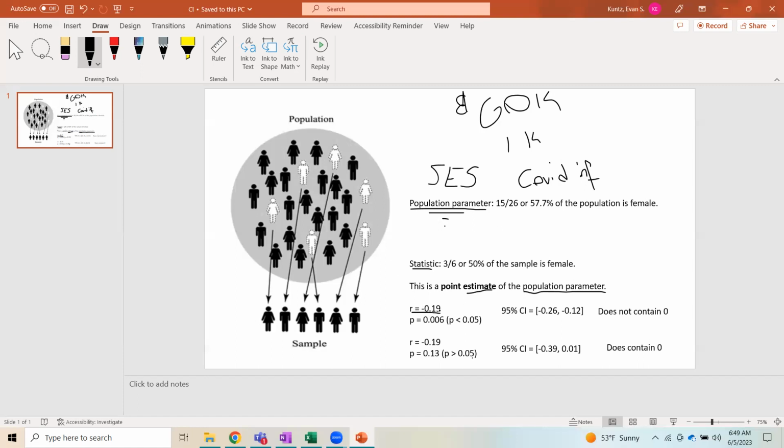And so first, when looking at our p-value, we can see that our p-value of 0.006 is less than our standard cutoff of 0.05. So we would say that this correlation coefficient here is statistically significant. So now, how strong is this effect size?